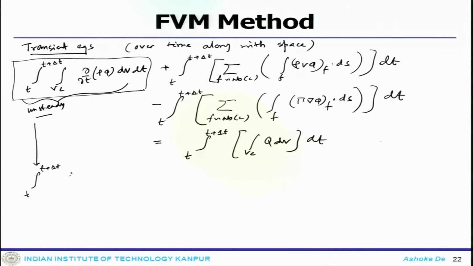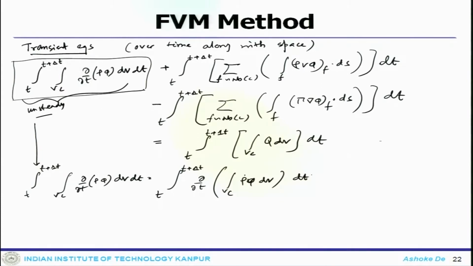Okay. So, once you do that integration of the unsteady term, that gets you back the integration over the time interval t to t plus del t of del rho phi by del t V c dt.